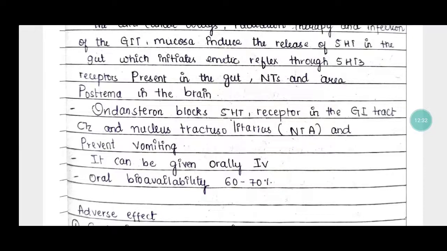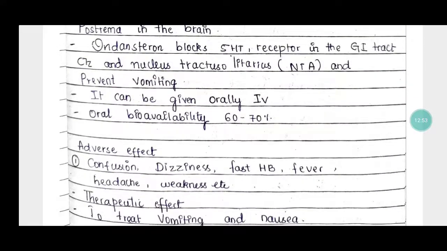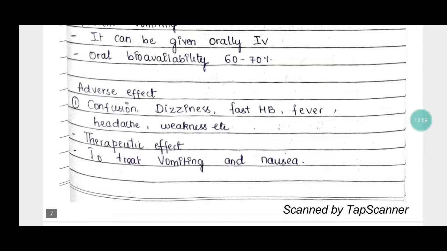Ondansetron blocks the 5-HT3 receptor in the GI tract, the chemoreceptor trigger zone and nucleus tractus solitarius, NTS, and thereby prevents vomiting. It can be given orally or IV, and the oral bioavailability of ondansetron is 60 to 70%.